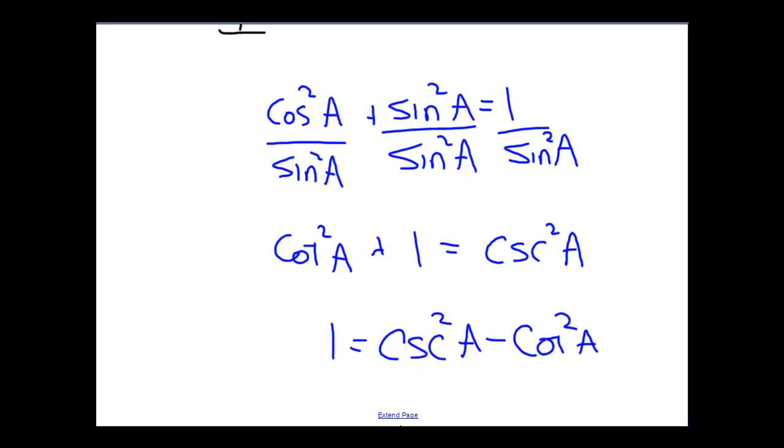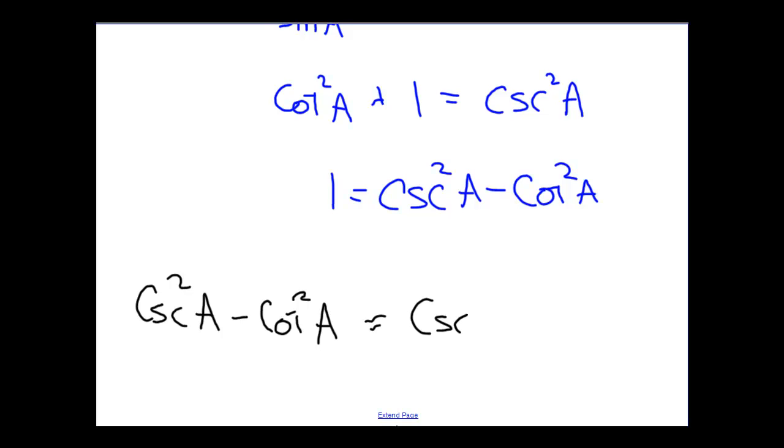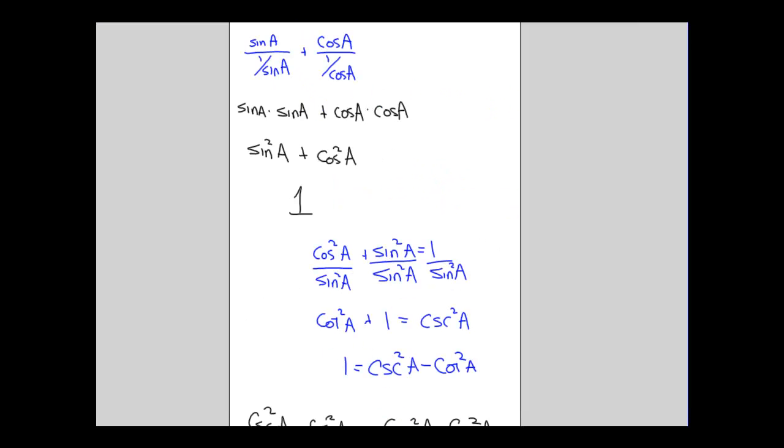That means that the 1 that we had on the left-hand side can be written as the cosecant squared of A minus the cotangent squared of A. But that is simply what the right-hand side of our original expression was. And therefore, as we have gone through this problem, we have managed to change the left-hand side of our expression so that it looks identical to the right-hand expression.